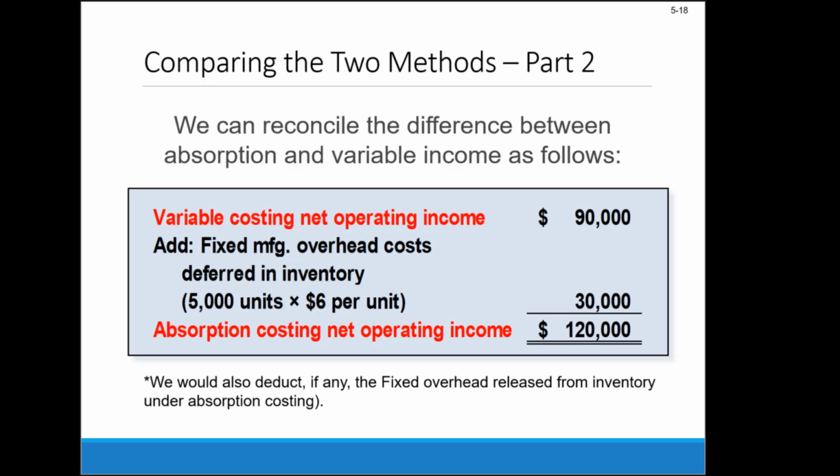Conversely, if we peek ahead to the next few slides, we would also deduct any fixed overhead released from inventory under absorption costing if we had sold more units than we'd produced, rather than having produced more than we sold like we did in this first example. So the timing is what's critical there.